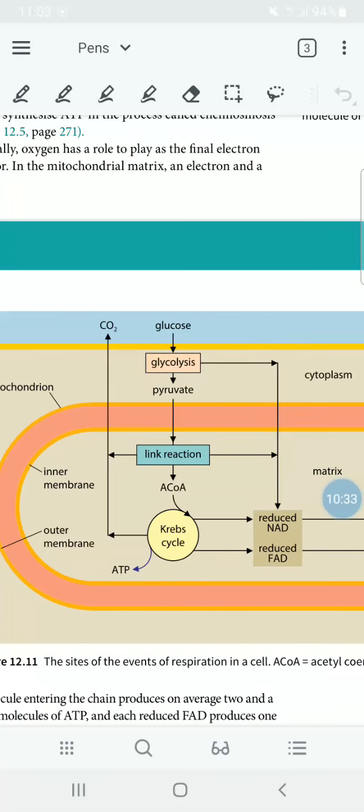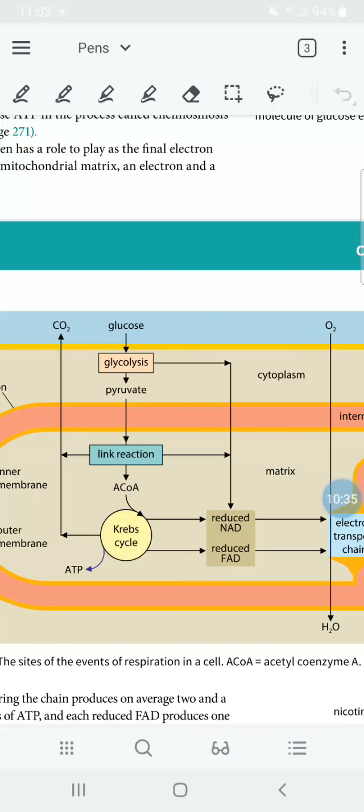So as you can see, we start off with glucose, and it goes through glycolysis, and that produces pyruvate, and the pyruvate goes through the link reaction to produce acetyl coenzyme A. Acetyl coenzyme A goes through the Krebs cycle to produce 1 ATP, and then reduced NAD and reduced FAD come in.